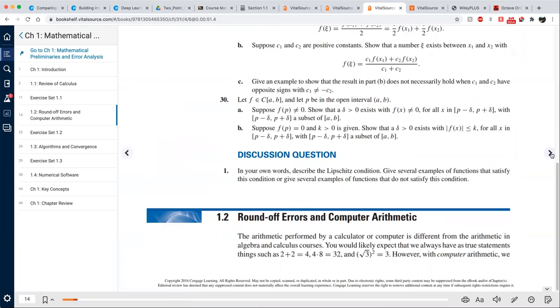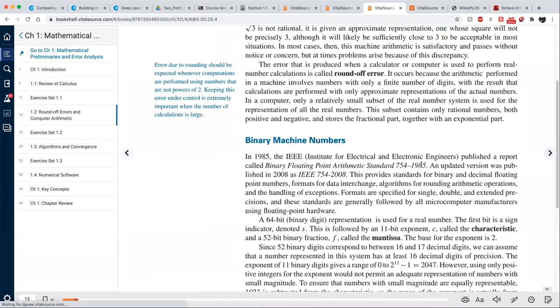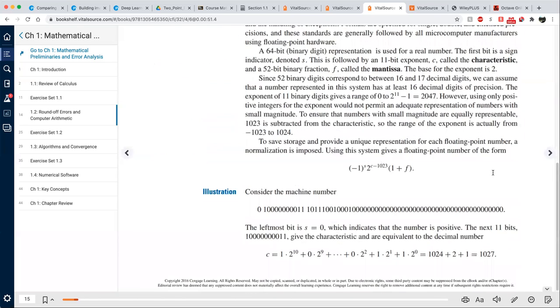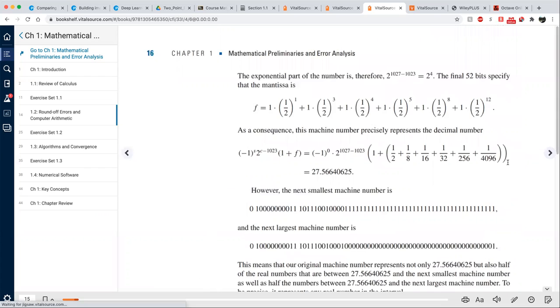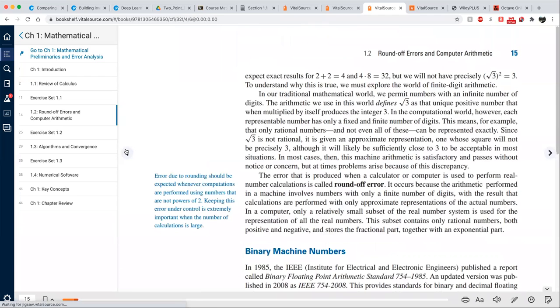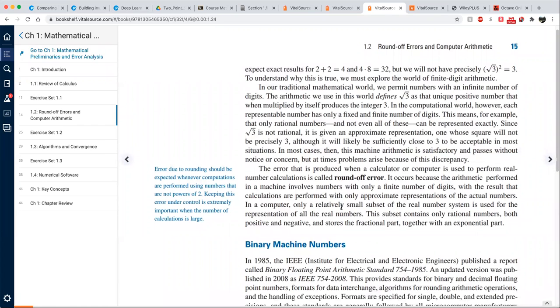I posted a one-page lecture note on round-off errors, so look at it, or you can just read the textbook. You can read this paragraph in the textbook, but round-off error is this.